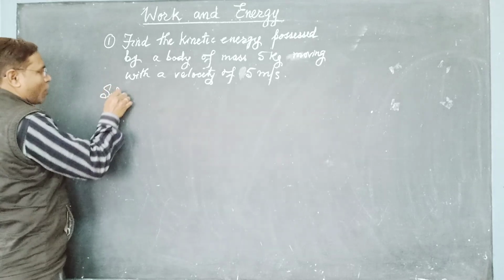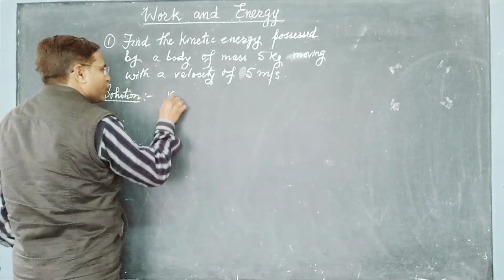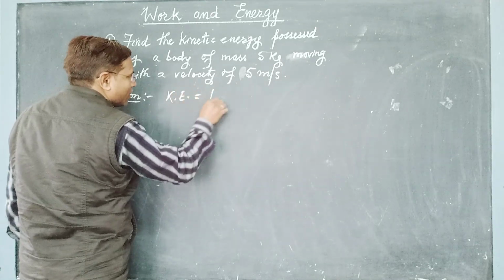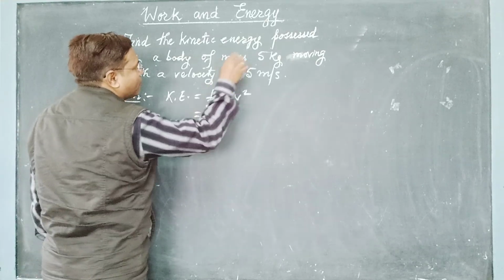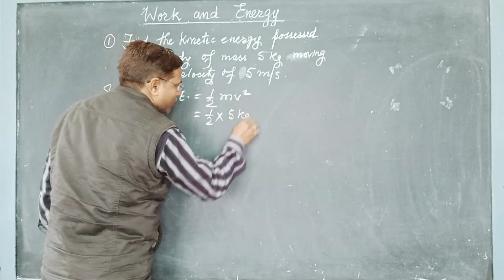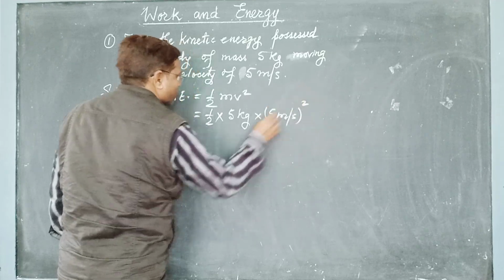So how will we solve? We will solve in this way. You know the formula of kinetic energy. Kinetic energy is equal to half mv square. Half, mass is 5 kg and velocity is 5 meter per second whole square.